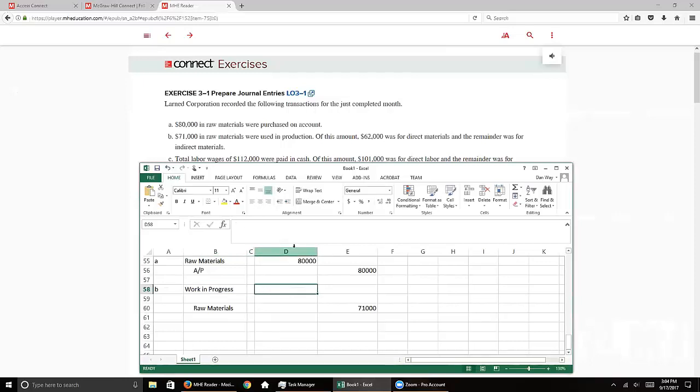We use those terms interchangeably. And the other debit is to that manufacturing overhead account. That's the difference between my total of materials used and my direct materials accounted for here.